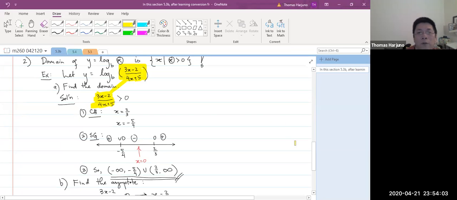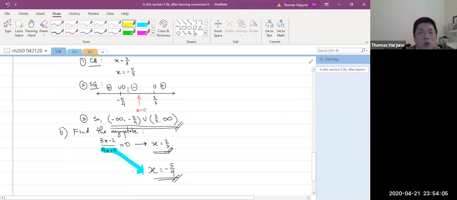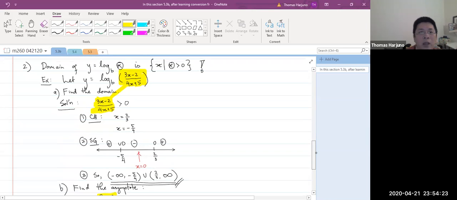And then to find the asymptote, we set the argument to be 0. Don't forget, besides being 0, the denominator can screw us up too. That's why it forms another vertical asymptote. Now that's for the domain and asymptotes.